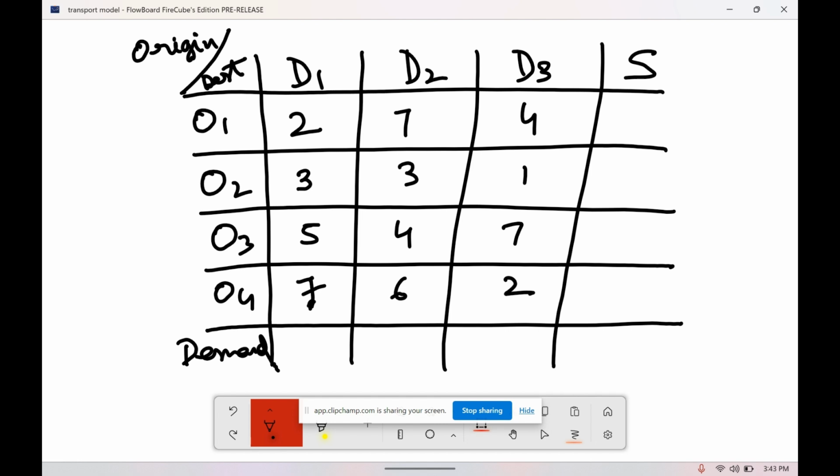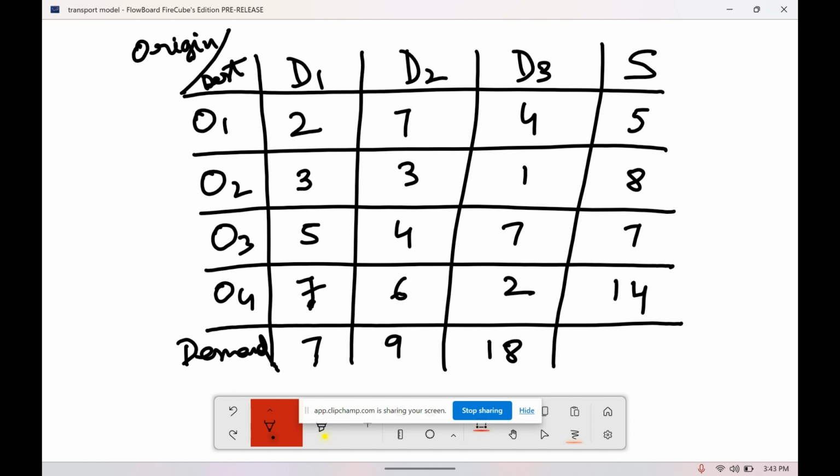Then total demand for destination 1 is 7, then 9 for 2 and 18. Supply for the origin 1 is 5 and then respectively 8, 7 and 14.